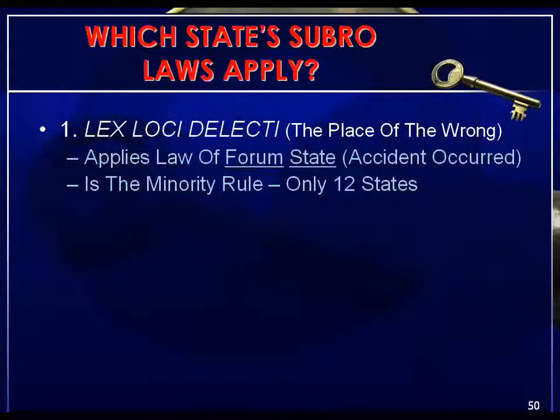The first one is lex loci delicti, the place of the wrong. It's really a minority. Only 12 states follow it. It applies the law of the forum state, like Georgia. So in Georgia, it's going to apply Georgia law to a Georgia third-party case, even though Texas benefits were paid, meaning that no subrogation exists.